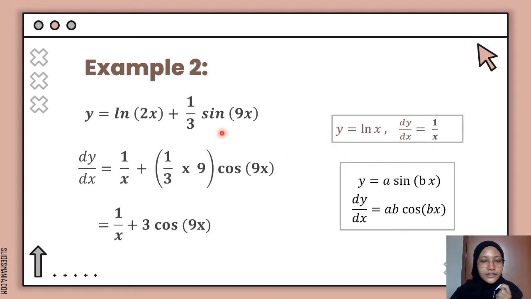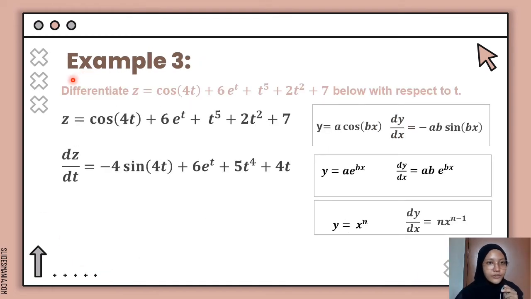And for the second part, 1 over 3 sine 9x, we need to use this formula, y equals a sine bx, where a is equal to 1 over 3 and b is equal to 9. Then for the derivative, we use this formula. We insert the values a equals 1 over 3 and b equals 9, giving cos 9x, and we get dy dx equals 1 over x plus 3 cos 9x.